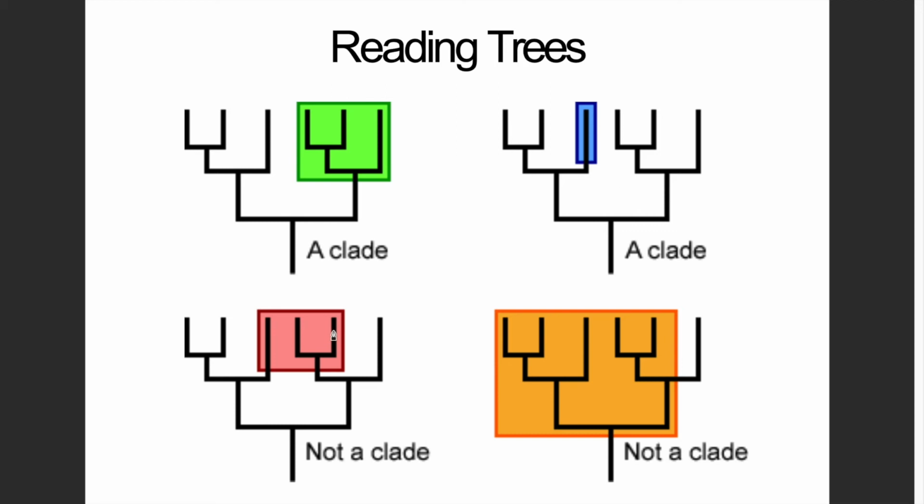As you can see here, if you consider this point, it contains all the extant members plus the common ancestor of this group. But when you include this point here and you call this a group, that is not a clade because you did not include all the extant members of this group, and you did not include the ancestor for this group.